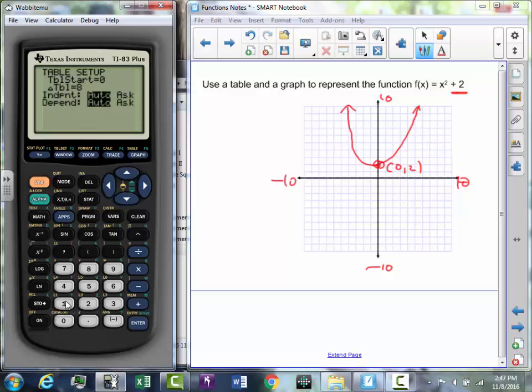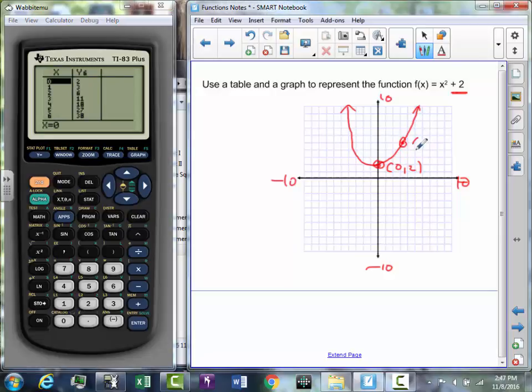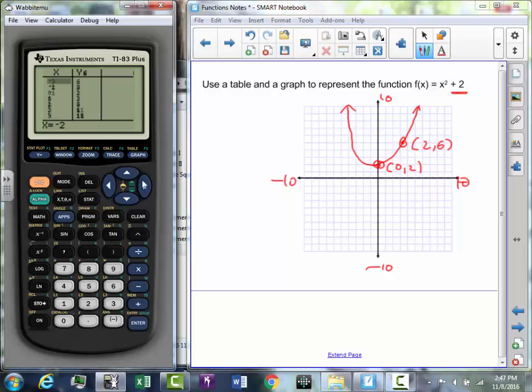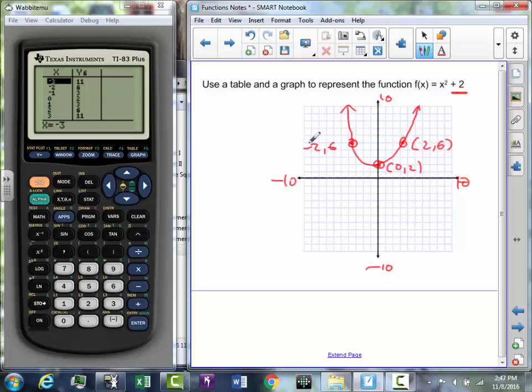Start at 0 and go up by 1s. Here, why don't I go with 2 and 6? Even though that's not actually on my graph at 2 and 6, it's close enough. And let's do one of the negatives. How about this one? -2 and 6. That'll work.